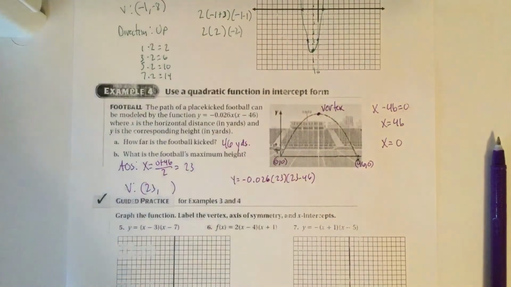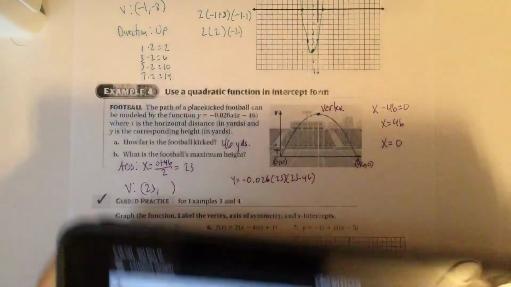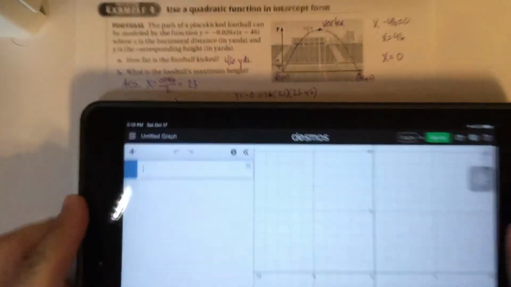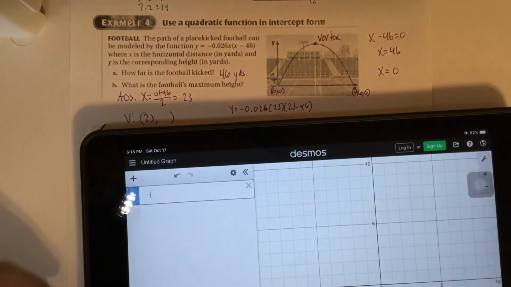So let's see if I can plug this in here and get this right. We have negative 0.026, parentheses 23 close parentheses, 23 minus 46 close parentheses.